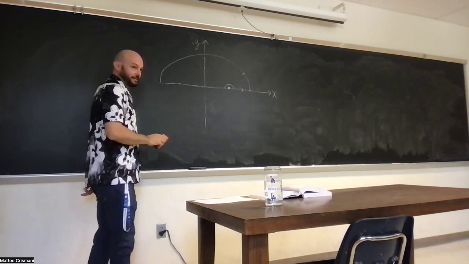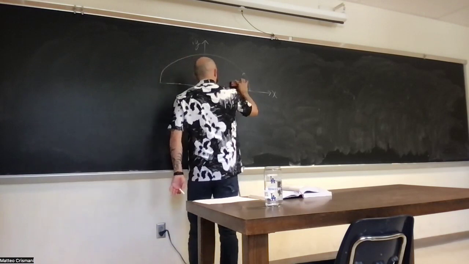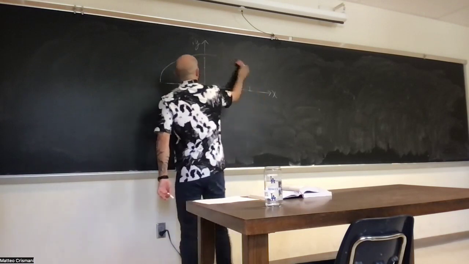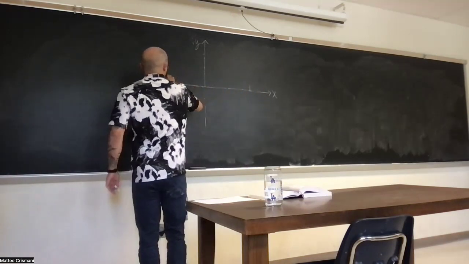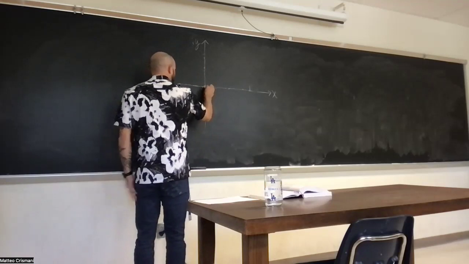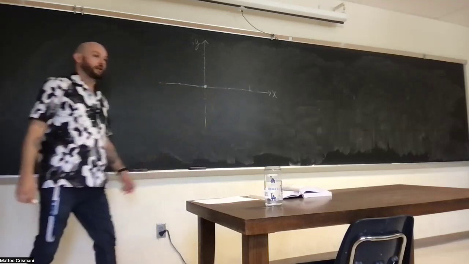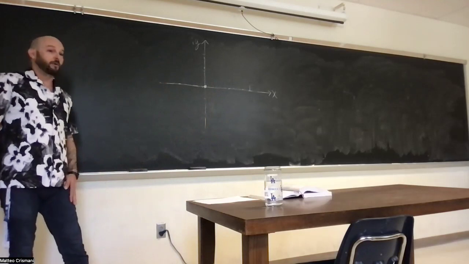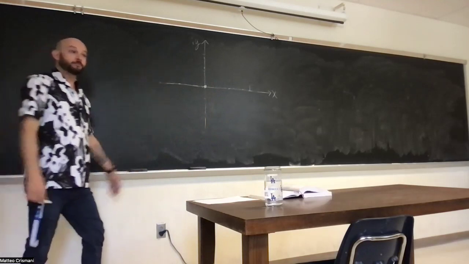Okay, so that was fun, right? We liked this one. This is almost everyone's favorite. Let's put a pole at the center. Maybe this is our good old friend 1/z. And I want to do an integral around the whole thing.